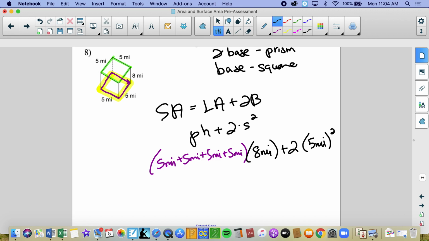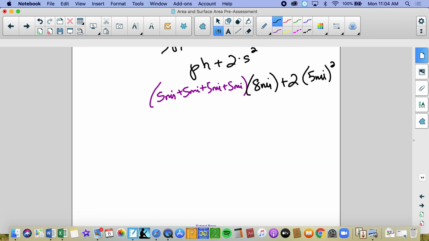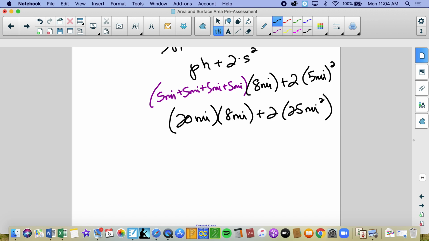So now we're going to start simplifying this. So 5 miles plus 5 miles plus 5 miles plus 5 miles gives me 20 miles. And we're going to multiply that by the height. And 5 miles quantity squared gives me 25 miles squared. 8 miles times 20 miles gives me 160 miles squared.